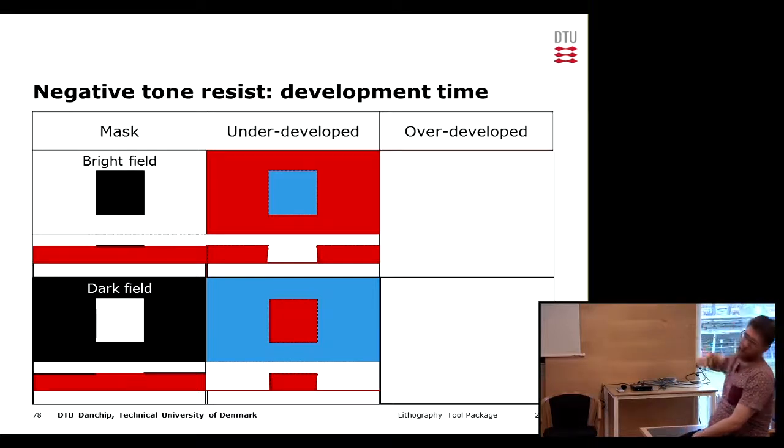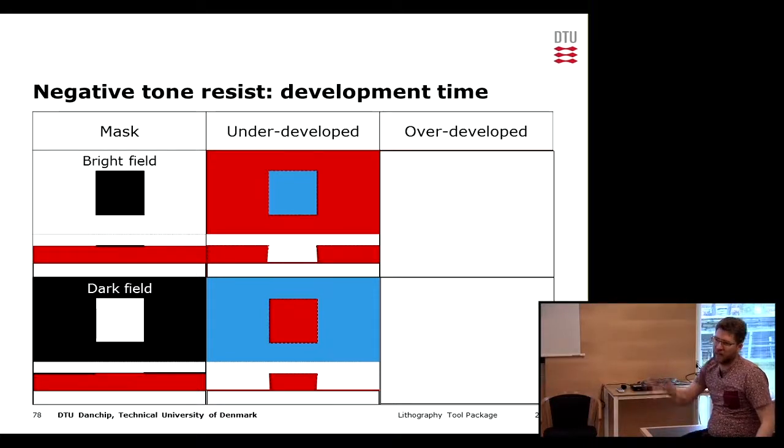So what about now if we develop for too long? What would happen then to the hole that we have in the bright field design case? And maybe it should become bigger. Yeah, the angle should become bigger, because it has more time, so it probably eats more. And then what about the edge at the top of the hole?